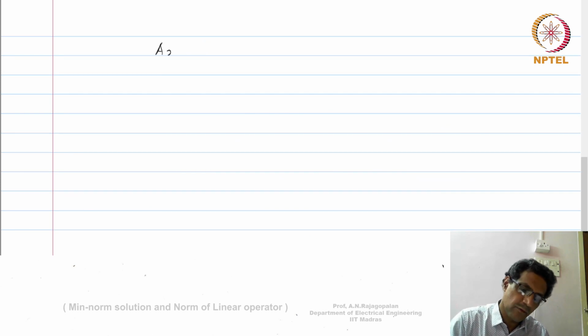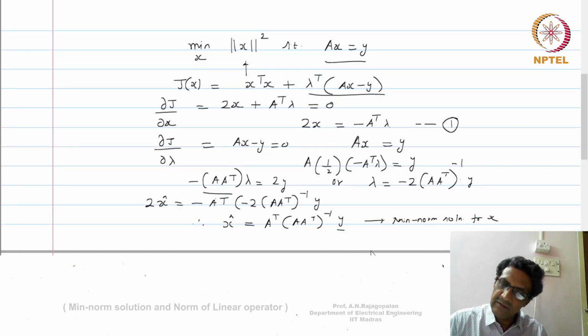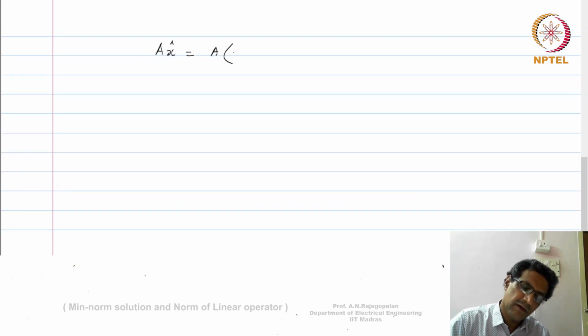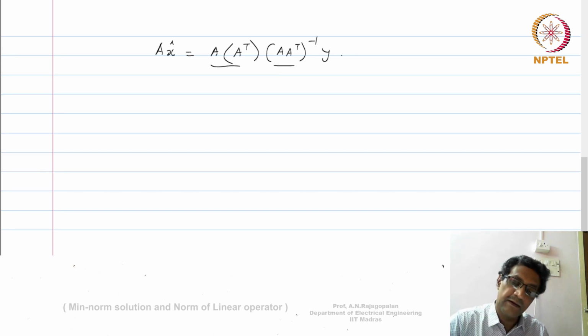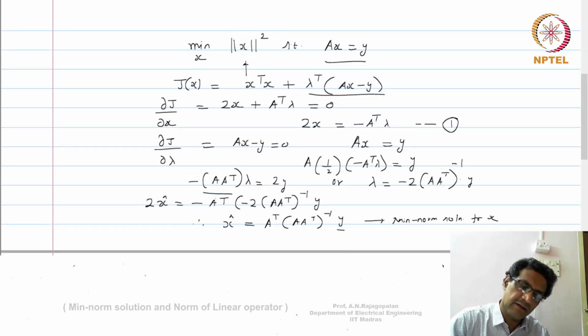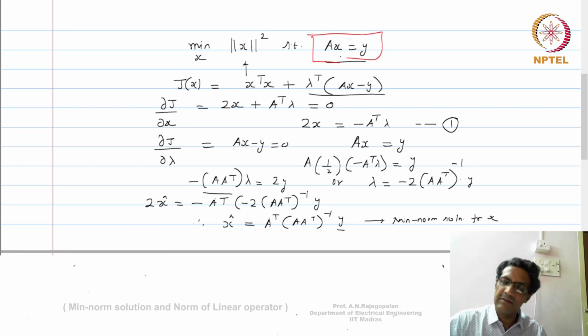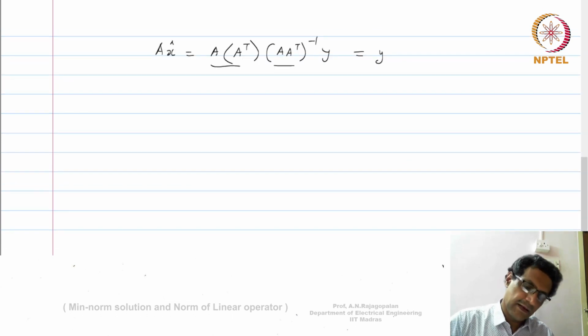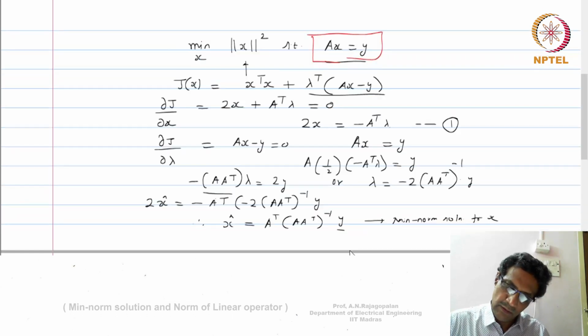So A x hat, if you do, you get A into x hat itself, as you found here, which is A A transpose, the whole inverse, into A A transpose, the whole inverse into Y. But A A transpose inverse times A A transpose is equal to identity, therefore this is equal to Y. Therefore this x hat does satisfy the condition that Ax should be equal to Y. So the solution does exist, and among the solutions, because there are multiple of them, we are picking the one that has the smallest norm. Therefore your min-norm solution is really this.